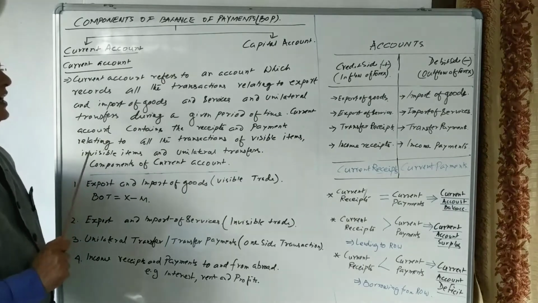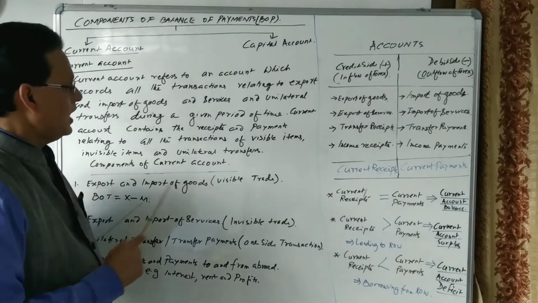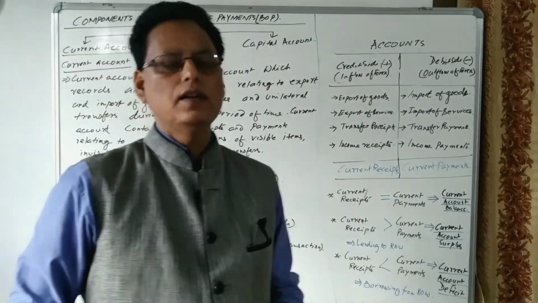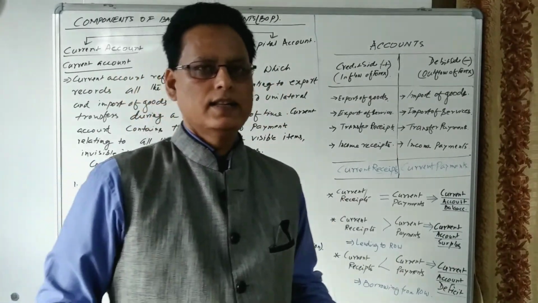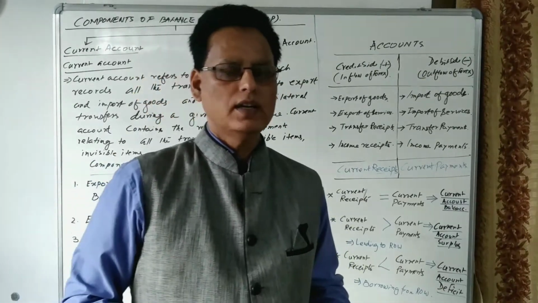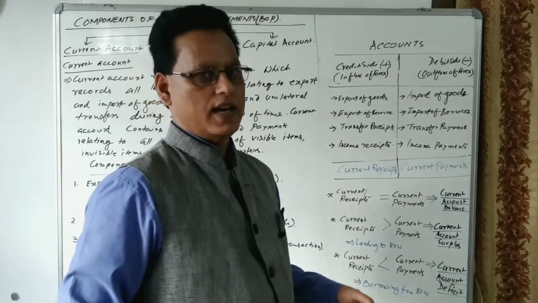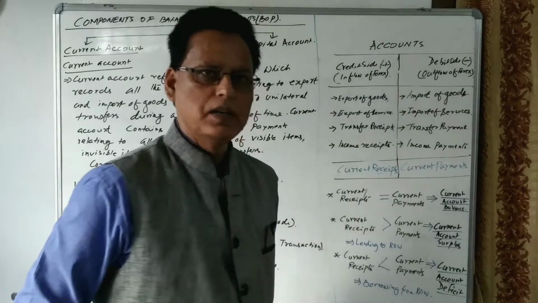So the question arises how to make the entries, because here I have only written the accounts. In the structure of the balance of payments, we have already seen that the balance of payment is based on the double entry system, and the account contains two sides. One is known as the credit side, another is the debit side.